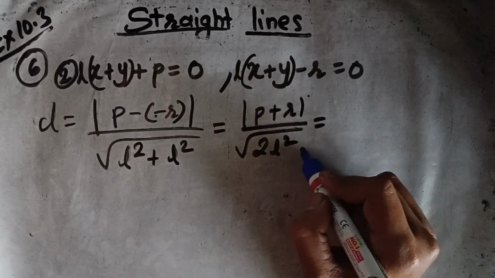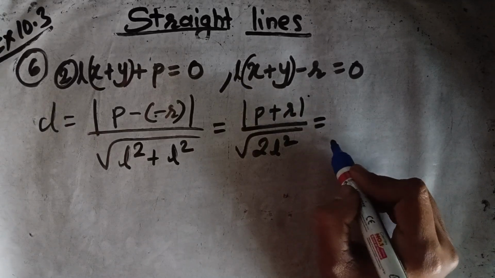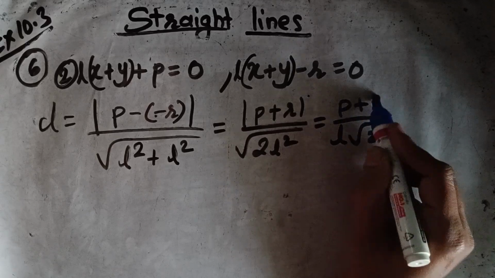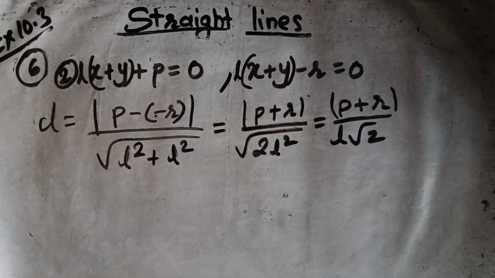So square and root we can cancel. So this L root 2 P plus R. Okay.